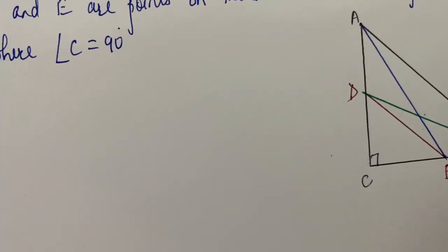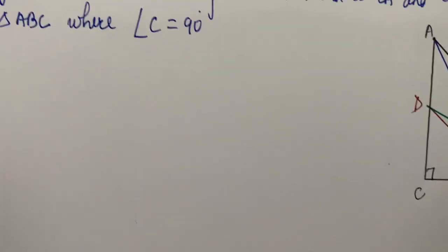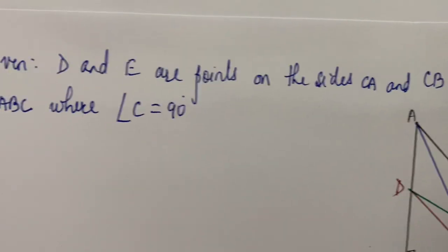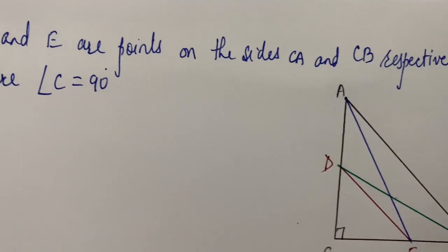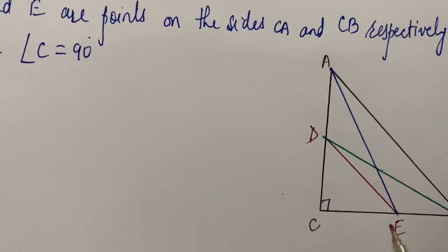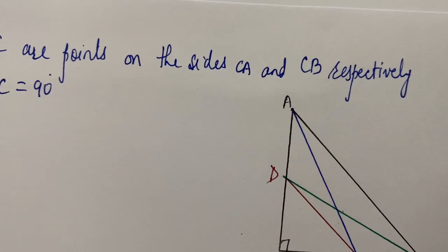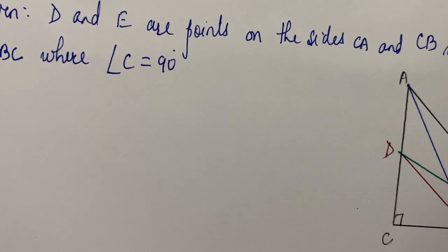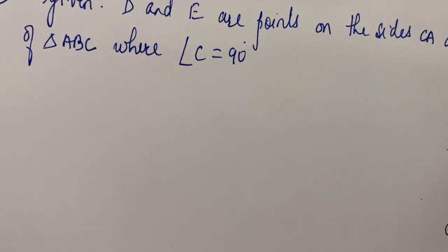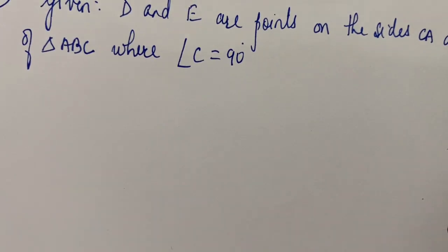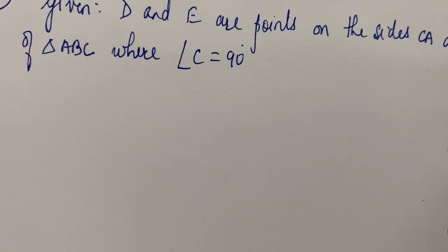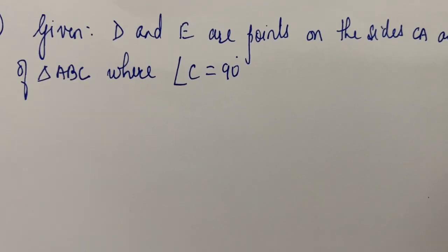Now in this sum number 13, you are given: D and E are points on side AC and BC of right angle triangle ACB where angle C is 90 degree. Okay, this is given to us. Now what do we have to prove over here?